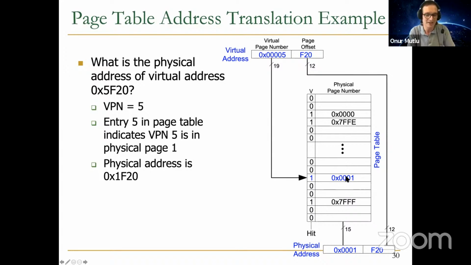It could be 4 bytes or 8 bytes, whatever. It doesn't matter. You do the memory access here. You get this page table entry. It's valid. That's great. And it has a physical page number. Now you can say, oh, this is in physical memory. And the physical address is 0001F20. That sounds good, right?